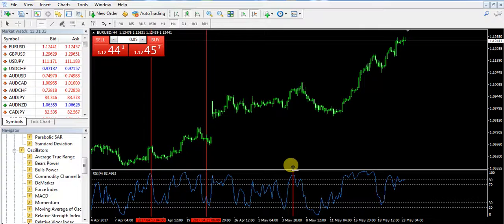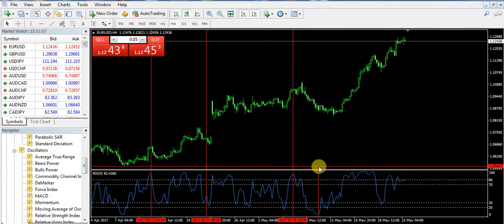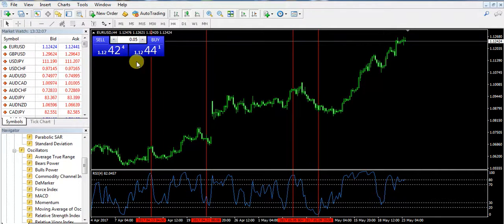Extend that into the price action chart. Select the vertical line, not the horizontal line. Vertical line at this point over here. Extend that. You can see that I'm just marking out the low points and the high points in the relative strength index, and then extending them into the price action area as I go along.